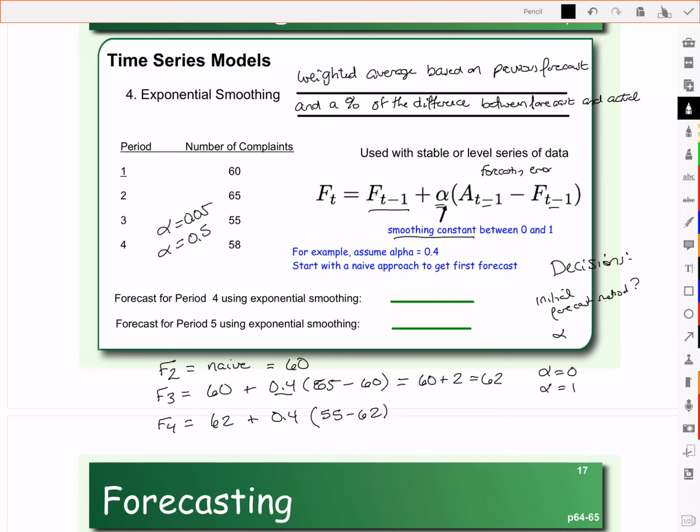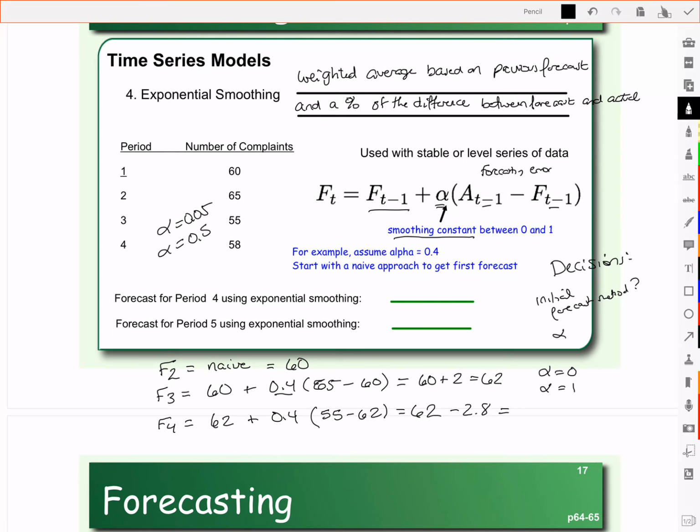We're off by 7, and notice this time the actual is much less than the forecasted, so now we have a negative forecasting error. So this becomes 62, and we have 55 minus 62 is our negative 7, and we're going to multiply that times our 0.4, and that gives us our negative 2.8.